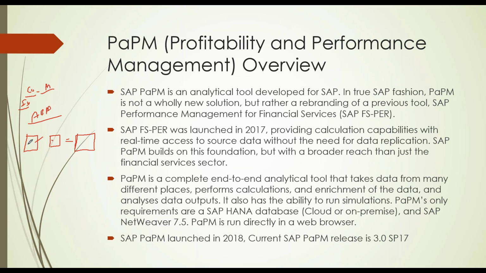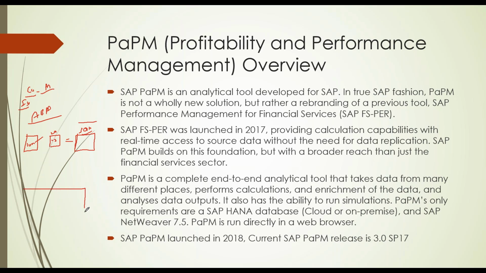Let's say the allocation job has 100 million records from source, and it allocates one line item from source into two. So this will be 200 million records. And when we do an offset, this will show 300 million records. So the processing time using an ABAP program will be much more compared to PAPM.